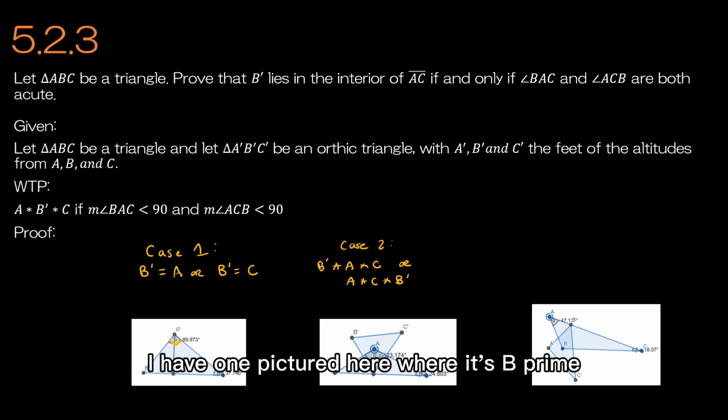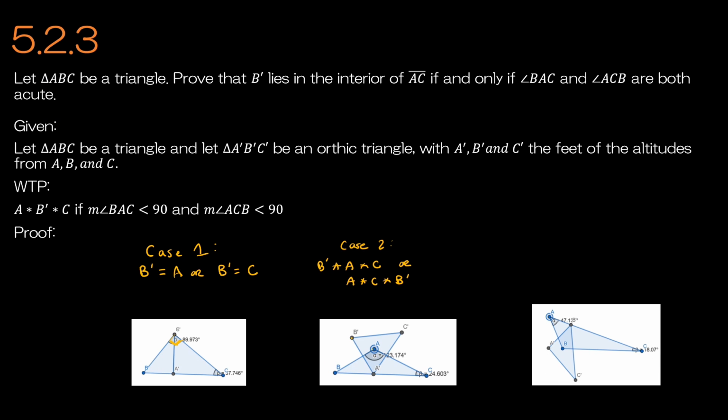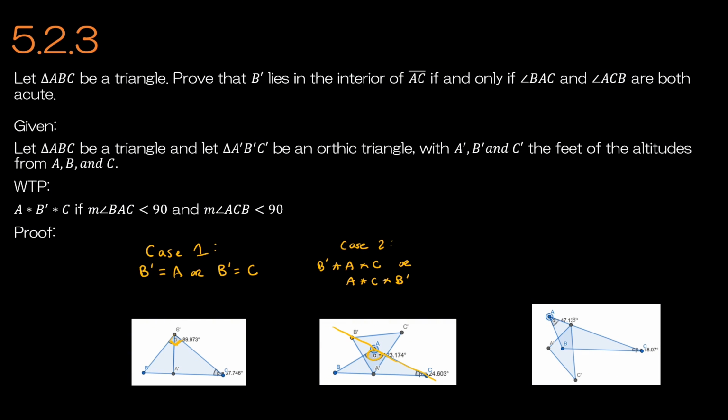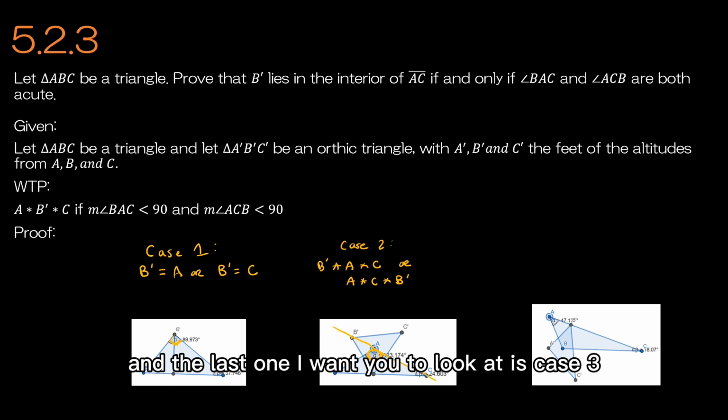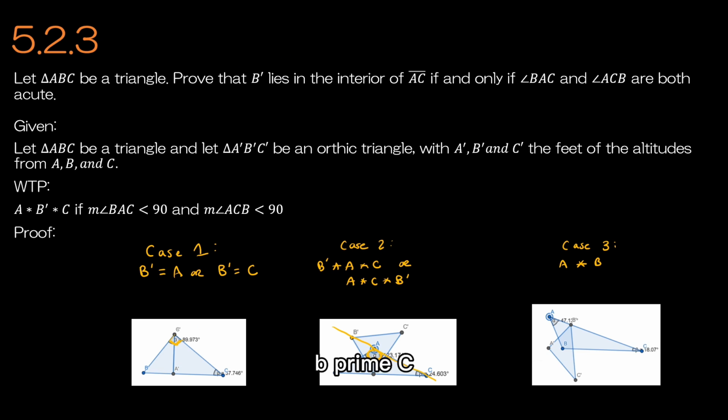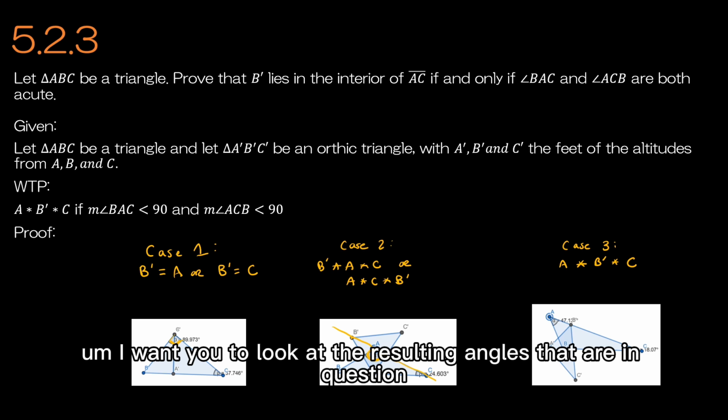Okay, so again, I have one pictured here where it's B prime, then A, then C. And I want you to take a look at the resulting angle. And the last one I want you to look at is case 3, where obviously it goes in the order in which we're asked, A, B prime, C. And I want you to look at the resulting angles that are in question.